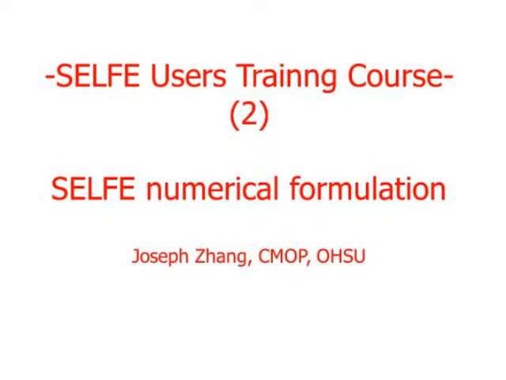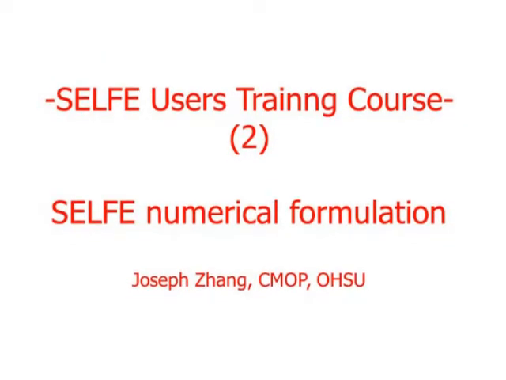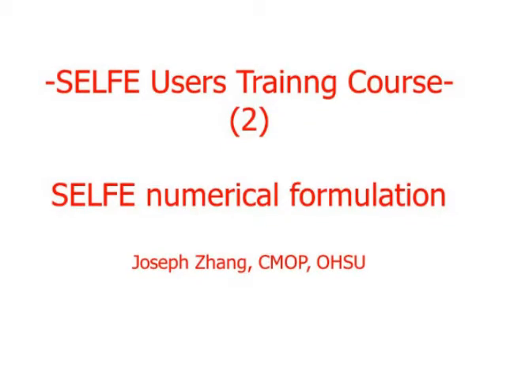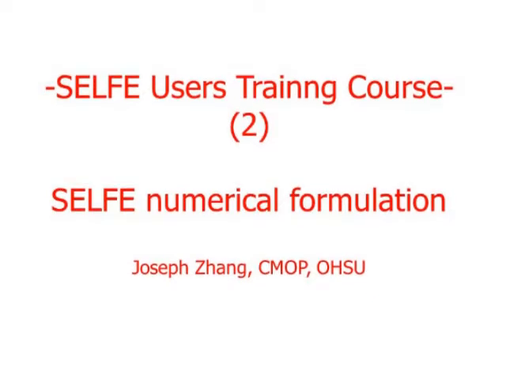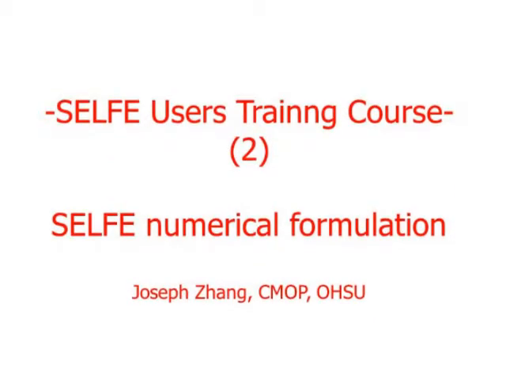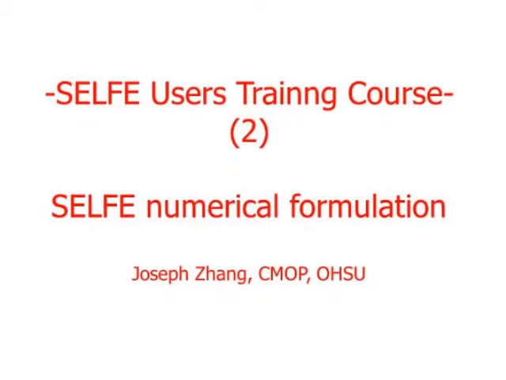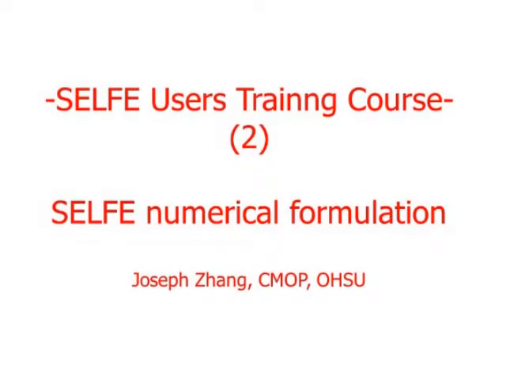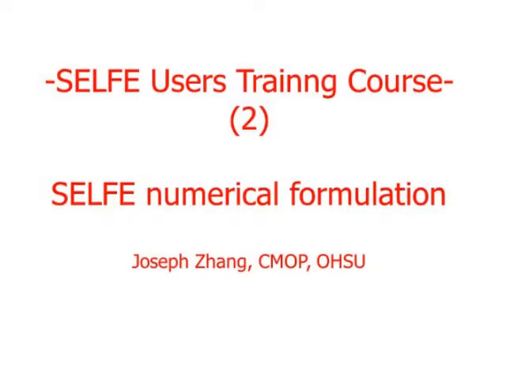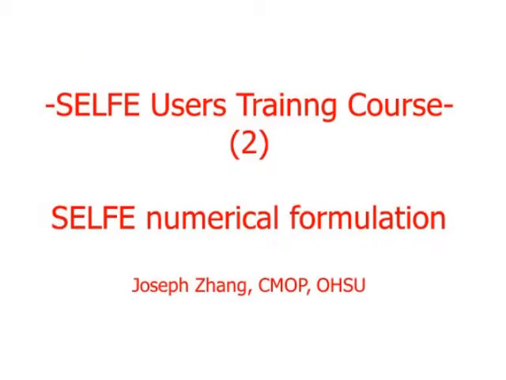In this method, we evaluate everything along the Z plane. The advantage, of course, is to alleviate the pressure gradient errors. But this method does have a disadvantage: near the bottom and surface, you have to do some kind of special extrapolation.